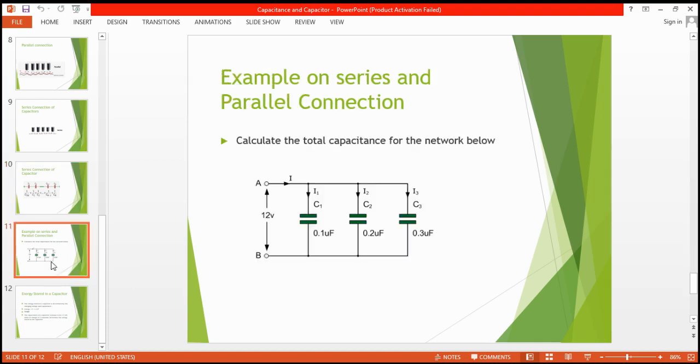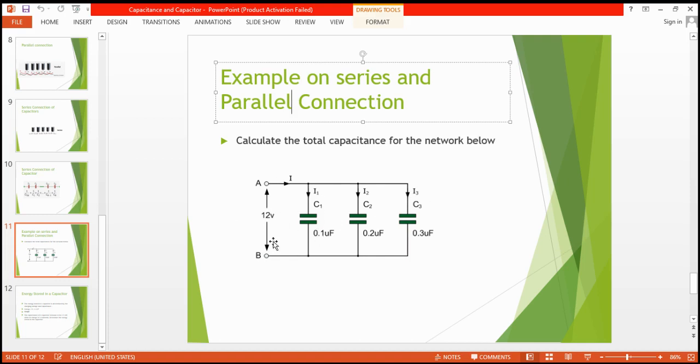Then you can see now this is a practical case. You have to calculate the total capacitance for a network. So in this case, you have capacitors connected, and you see we can now add 1 over 0.1 plus 1 over 0.2 plus 1 over 0.3.